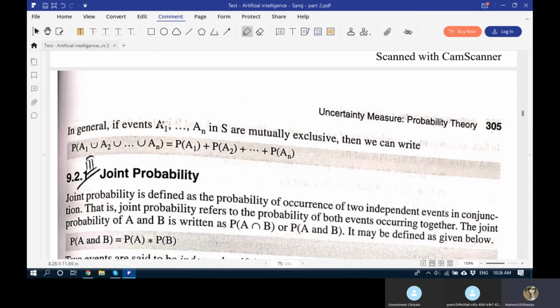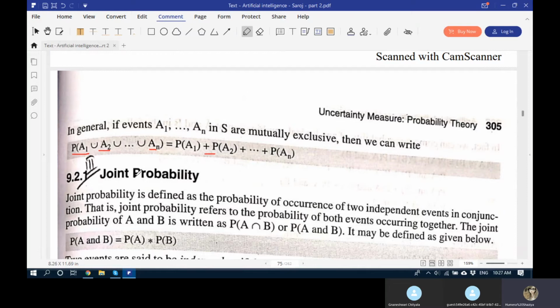In general, if events are mutually exclusive, we can write P of A1 union A2 and so on up to AN, where A1 is the first event and A2 is the second event. This can be written by separating their probabilities and joining them with the plus operator: P of A1 plus P of A2 and so on up to P of AN.